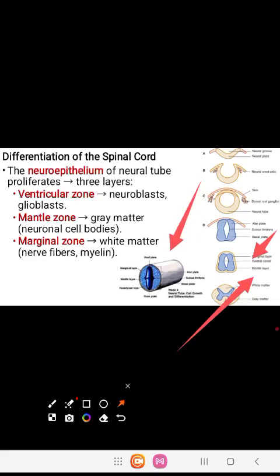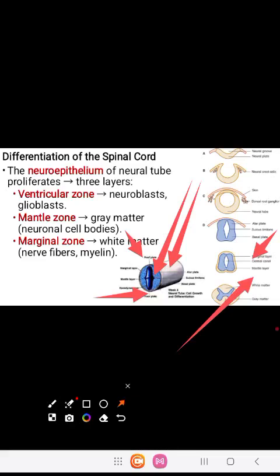So you have the neural tube formed, you have the neuroepithelium proliferating and dividing into different layers. These layers will eventually be grouped. Some will be at the roof area, and some will find themselves at the floor region, while some will be in the middle. Those at the roof will form the alar plate, and those at the floor will form the basal plate.